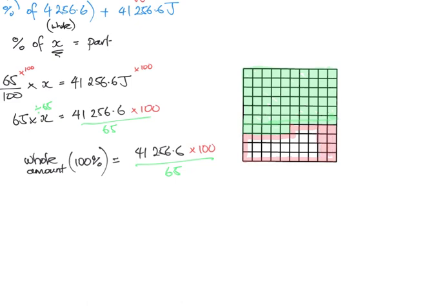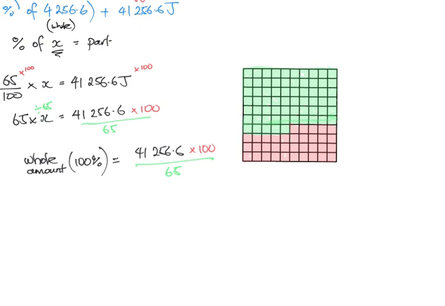You can see why simply taking 35% of 65% and then adding it back on won't work, because when we do that, what we're really saying is that this is actually my 100%. If we take 35% of 65%, it's actually going to be less than this amount here. So it's always going to be less than 100 when we do that.